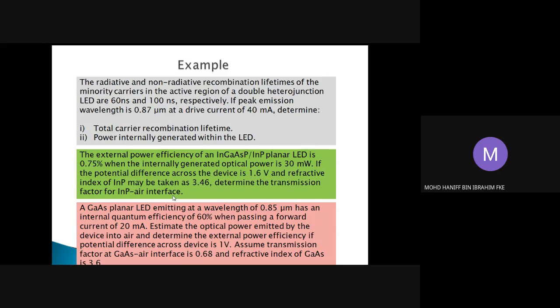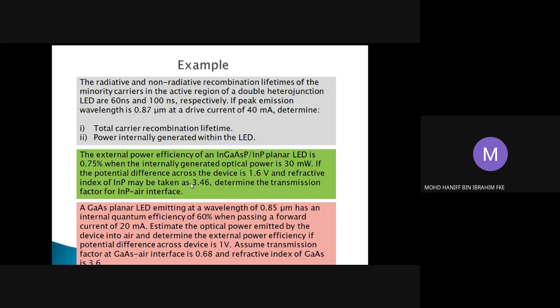We are given here the external power efficiency, eta EP. If you can recall, eta EP equals PE divided by P. PE is the emitted power, P is the electrical power supplied to the LED, in which P equals IV.